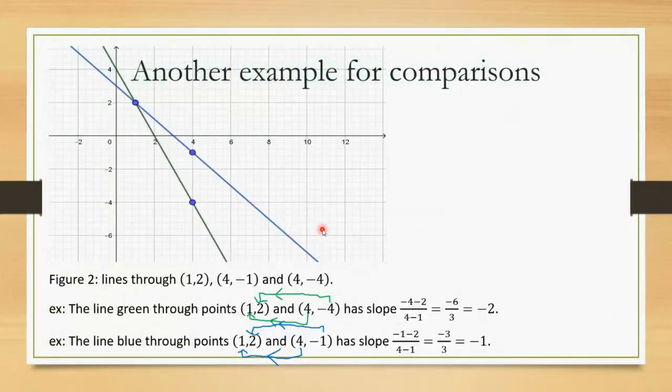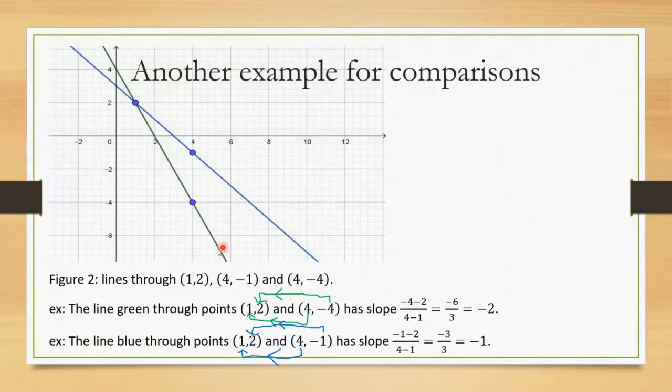Not only that, notice the green line has a slope of -2. It's more negative than the blue line, whose slope is -1. The green line, right? It's steeper. That's no accident either. The more negative the slope of a line is, the steeper the line is.